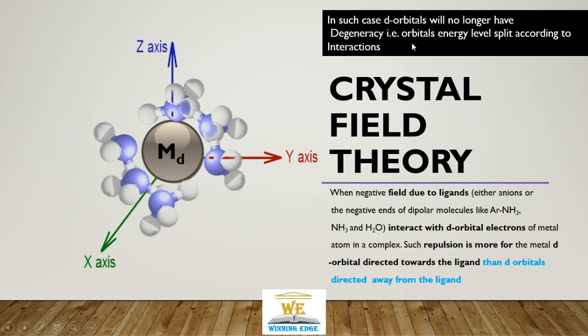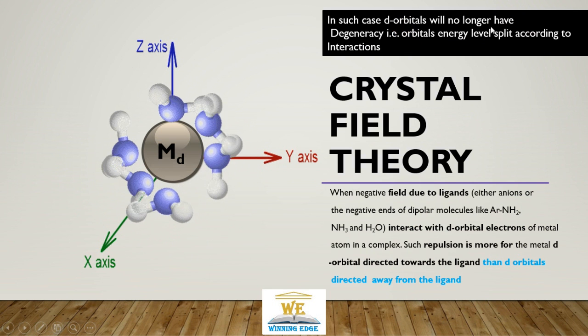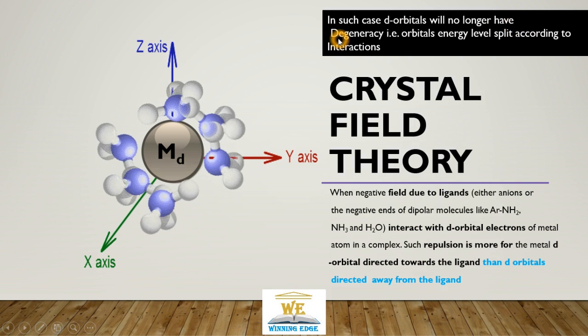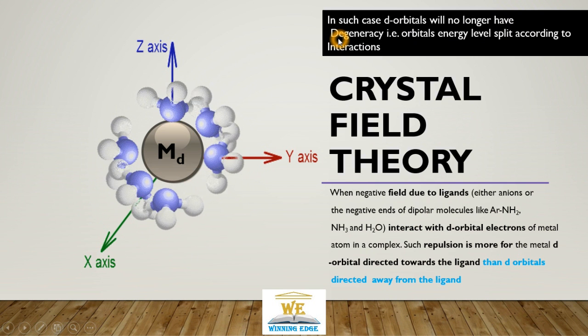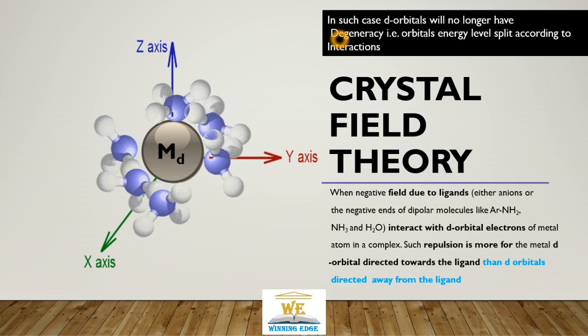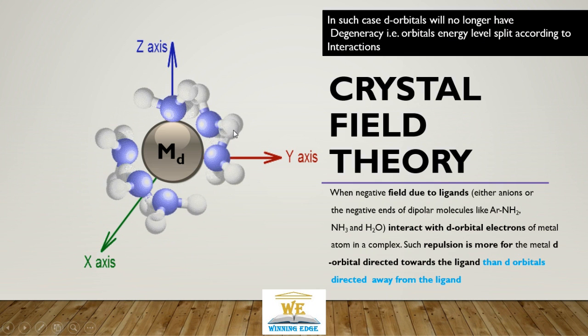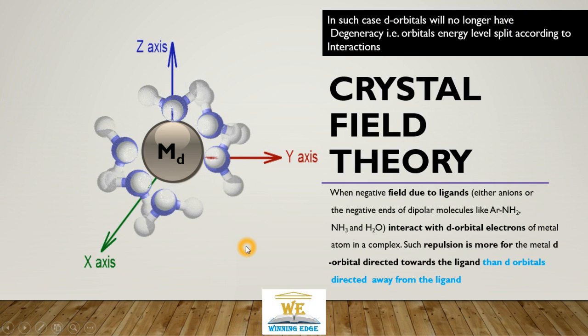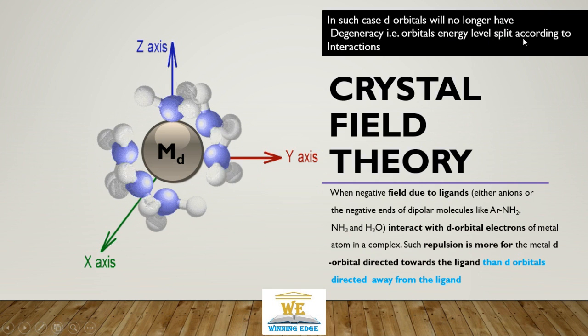In such a case, d orbitals will not retain their degeneracy, meaning the energy levels of all d orbitals will not be the same, and depending upon their energy levels or repulsion from the ligands, they will split.